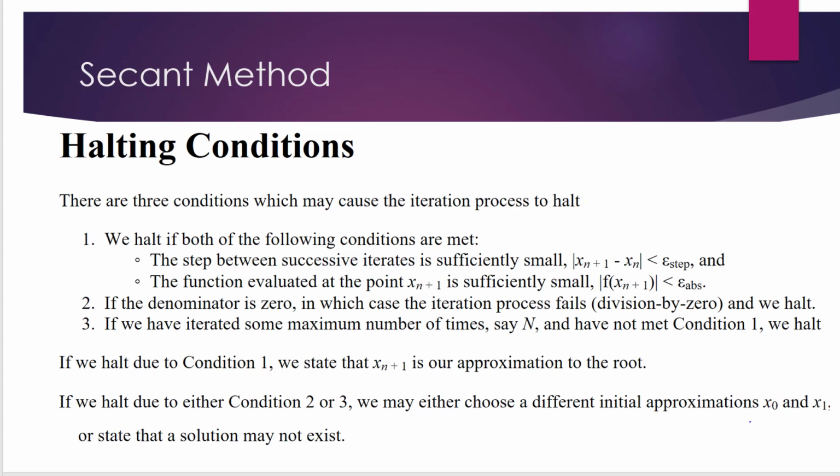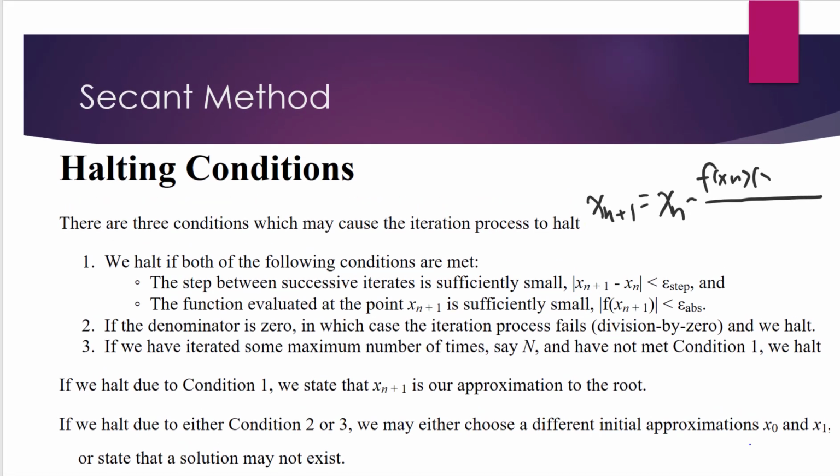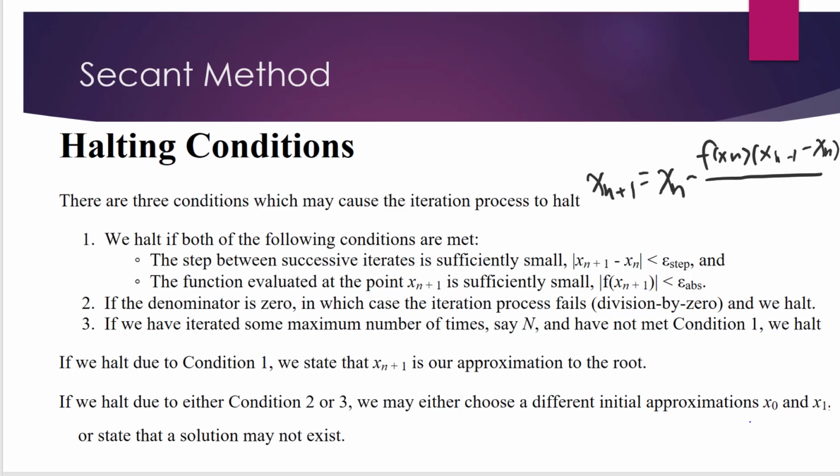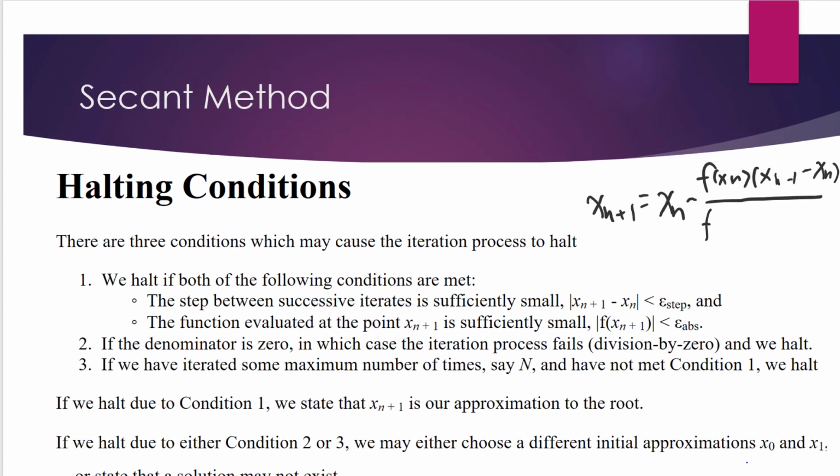Remember that the formula for the secant method looks like this: x_{n+1} equals x_n minus f(x_n) times (x_{n-1} minus x_n) over (f(x_{n-1}) minus f(x_n)). So f(x_{n-1}) minus f(x_n) is the denominator.